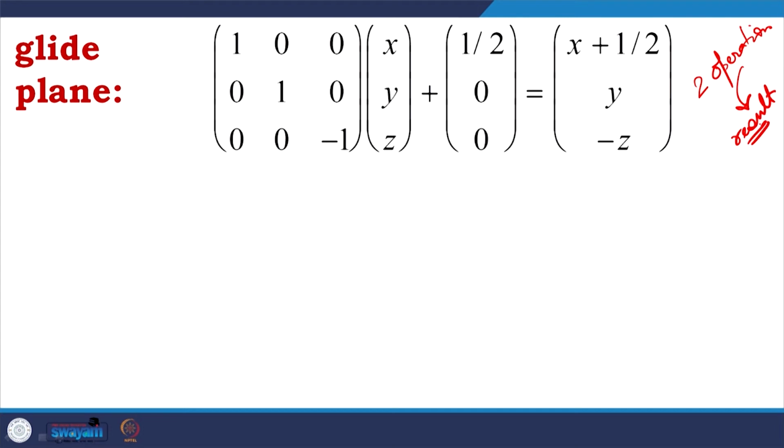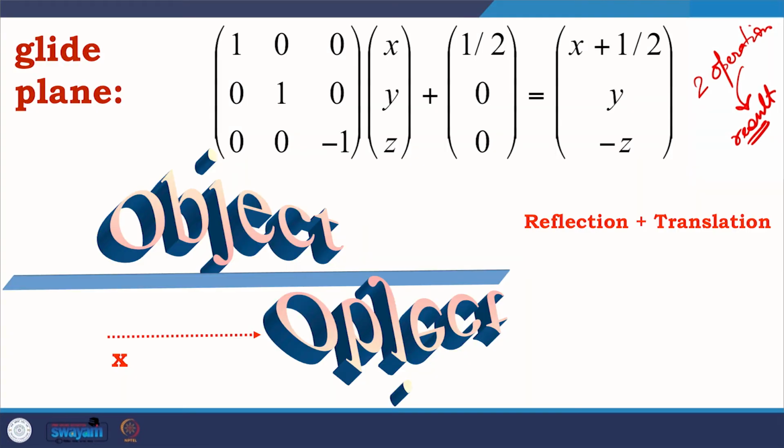So, x goes to x plus half, y is y, z is minus z. So, in the glide plane, it is a combination of reflection along with translation: reflection in the z axis and then a half translation.